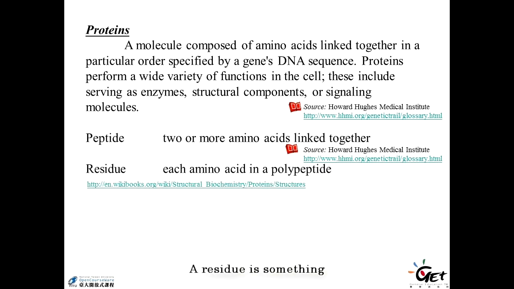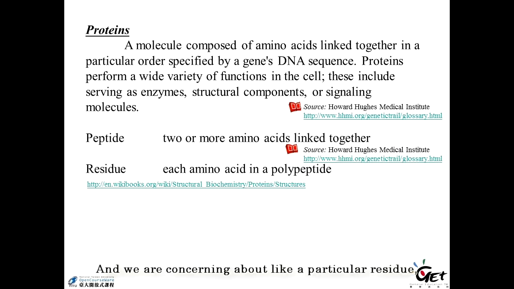Residue is something we use with more or less the same definition. In a protein sequence or in a polypeptide, we have each individual amino acid, and for one particular amino acid, we can say it's a residue. For a DNA sequence, we say it's a site. So when I say there are 20 sites in a DNA sequence, in protein we say there are 20 residues.